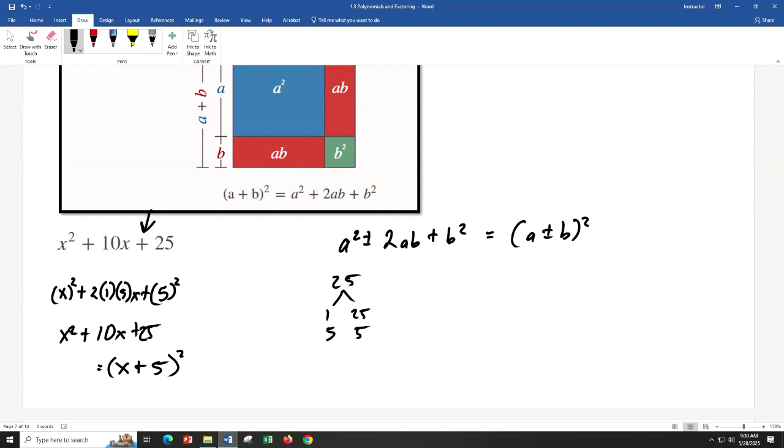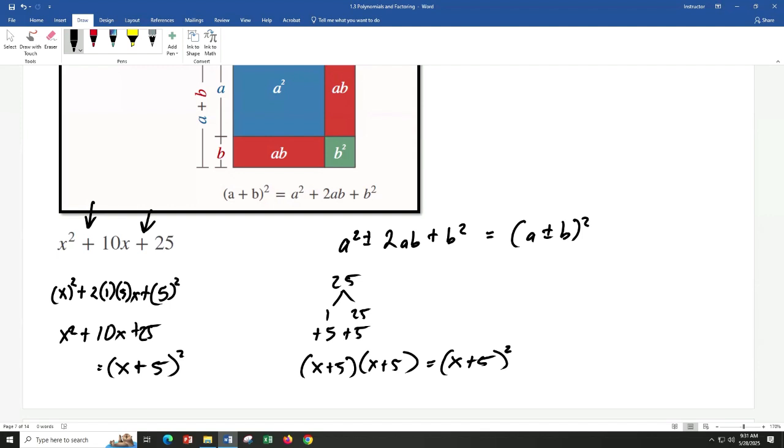Same signs, that's that plus. When the constant is a positive, it's same signs. Both of them positive. Well, look, I've got x. That does equal the 10, right? Doesn't that just turn into (x plus 5) times (x plus 5), or (x plus 5) squared? Does that make sense?